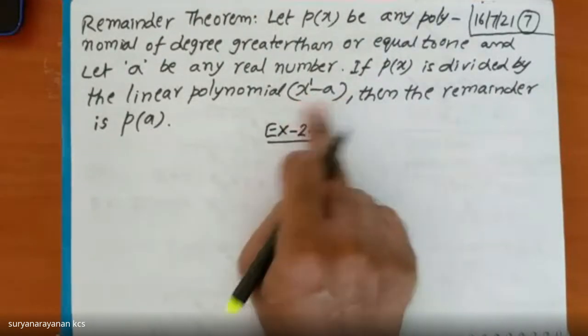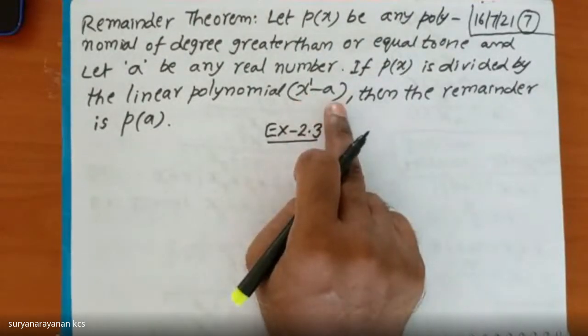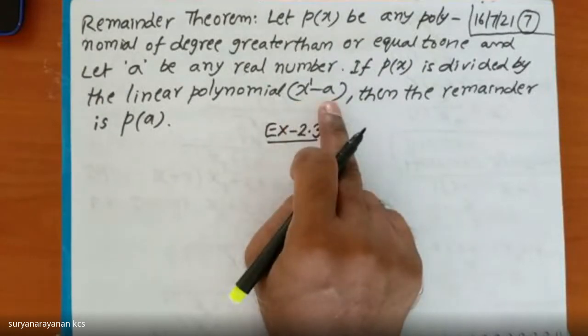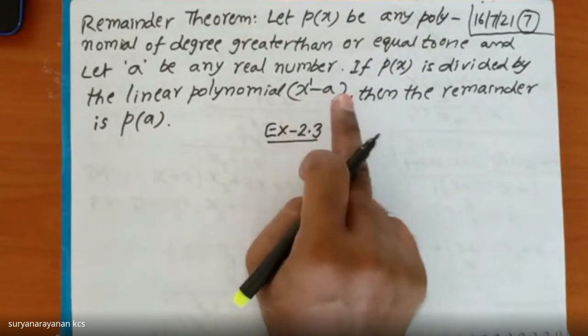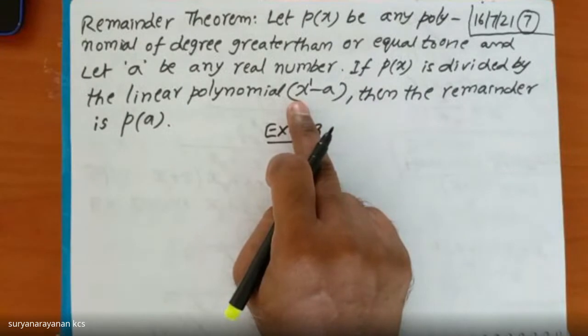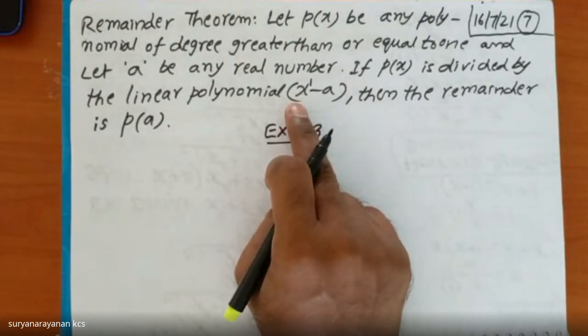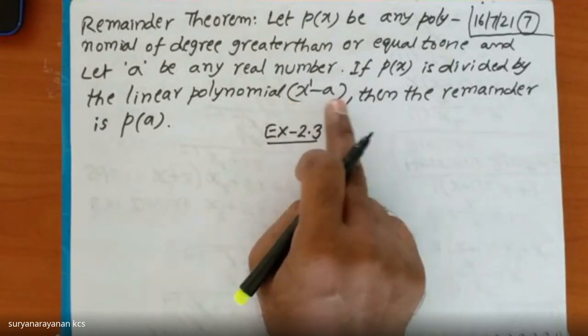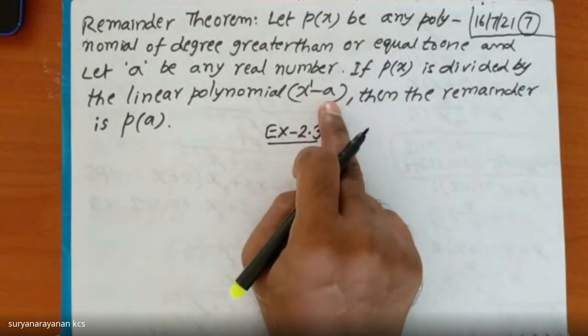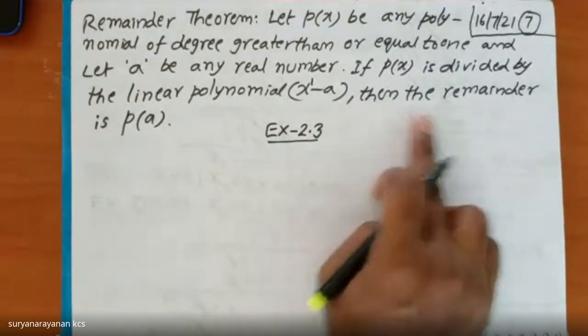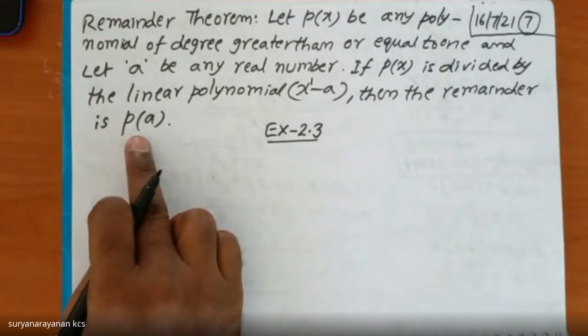That is why this is called a linear polynomial. The first term should be x, only the letter x, and the second term is a constant. Then the remainder is p of a.